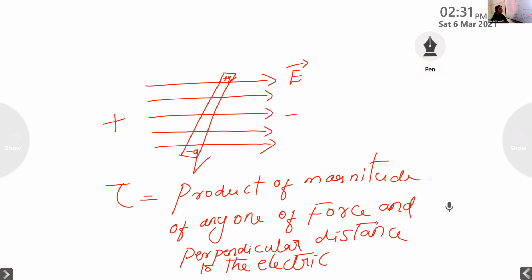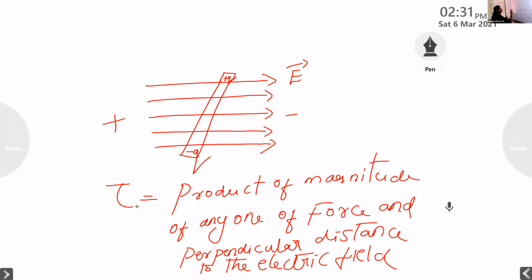So what is the equation for calculating tau? Tau is equal to the product of the magnitude of any one of the forces and the perpendicular distance to the electric field.